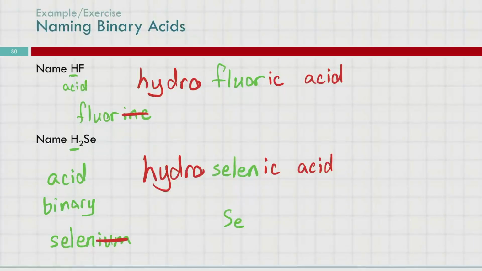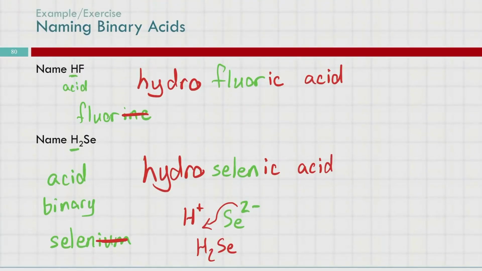What's the charge going to be if selenium forms an ion? 2 negative, because it's 2 spaces over from our noble gases. So it's 2 negative. In order for us to balance that charge out with hydrogen, we would need 2 hydrogens. And so that's why we've got 2 hydrogens. That's why it's H2Se. It's so that the charges balance out.